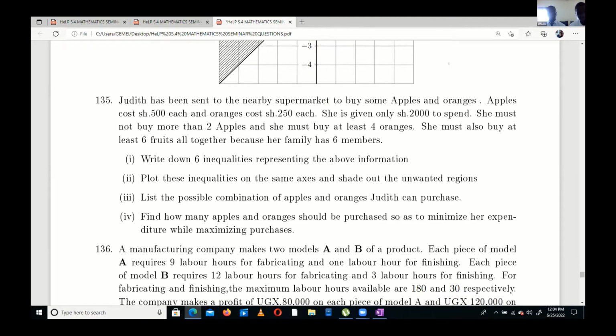So let us extract the inequalities from all this. We shall read line by line while extracting the inequalities. Judith has been sent to the nearby supermarket to buy some apples and oranges. It says that apples cost 500 shillings each, and oranges cost 250 shillings each.